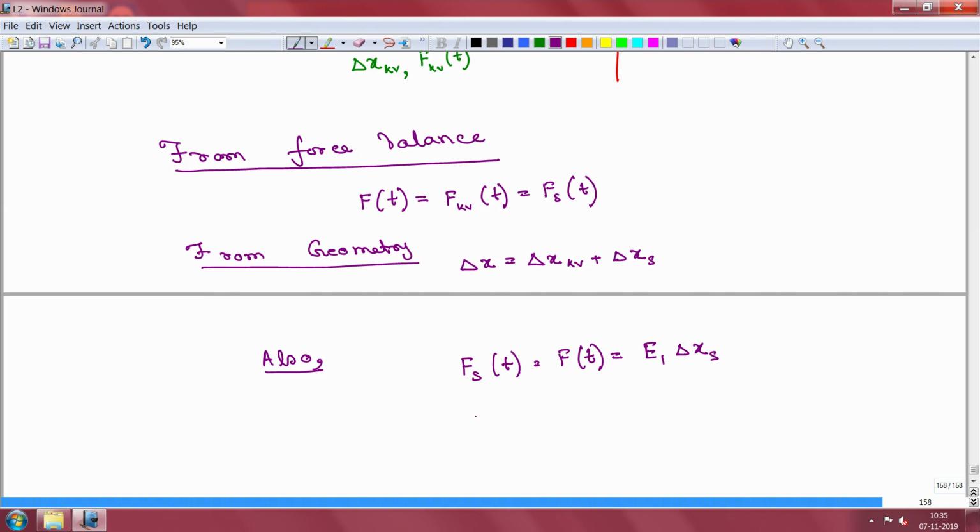And in the Kelvin-Voigt body, the force is again equal to the entire force experienced by the system, and this is equal to eta times D plus E times delta x kV.